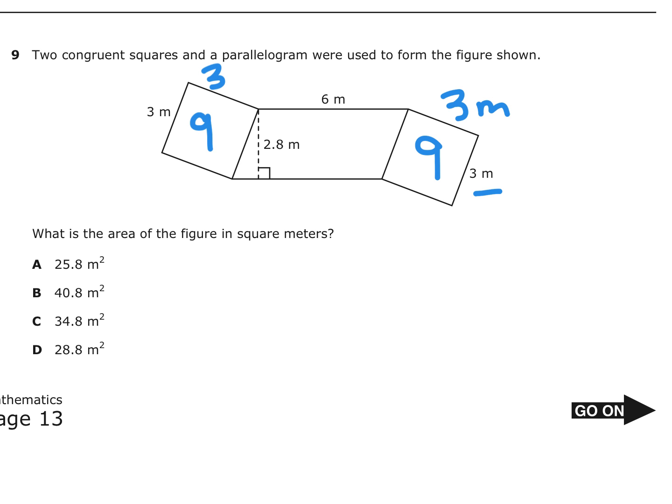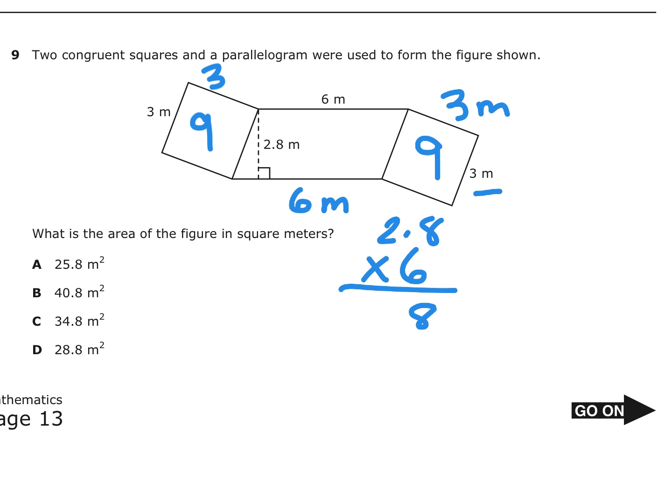That's 9 square meters. And for the parallelogram, the area would be base times height. And the base here is 6. And the base is 6 times the height, 2.8. So we're going to multiply 6 times 2.8.